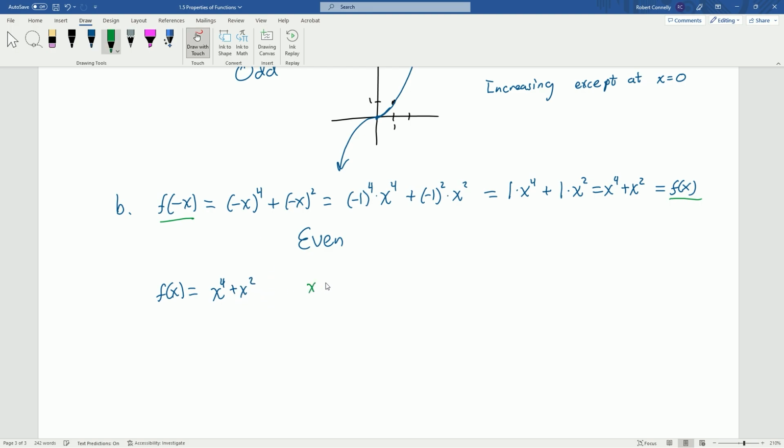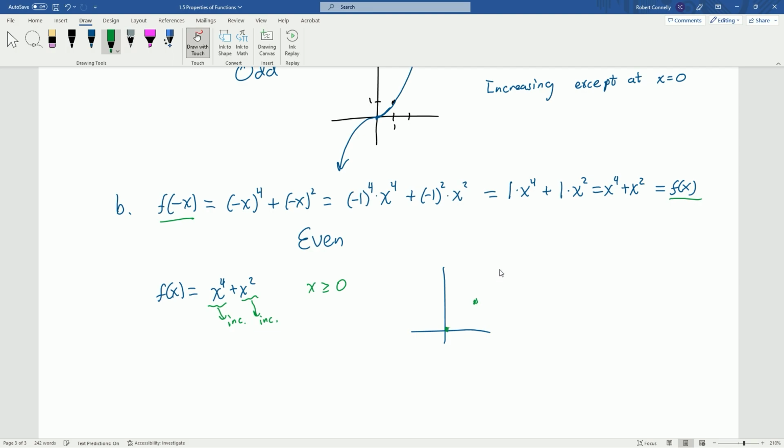If x is positive, then x to the 4th is increasing and x squared is increasing. So actually, in this case, we can see that this function is increasing on the right-hand side.